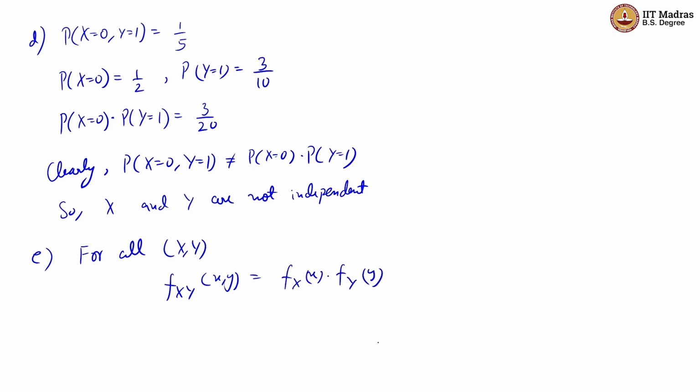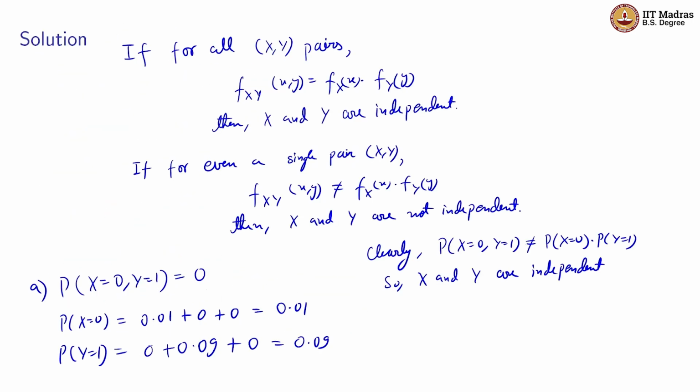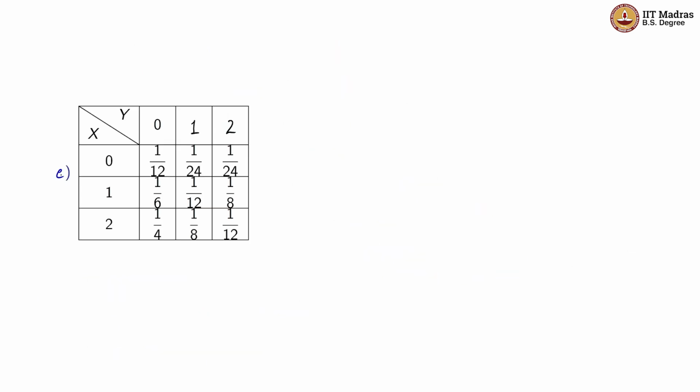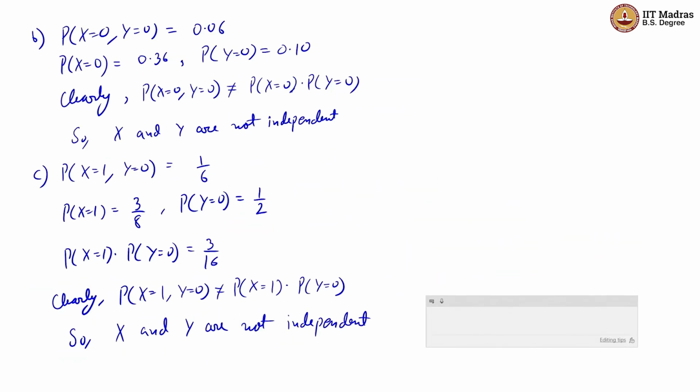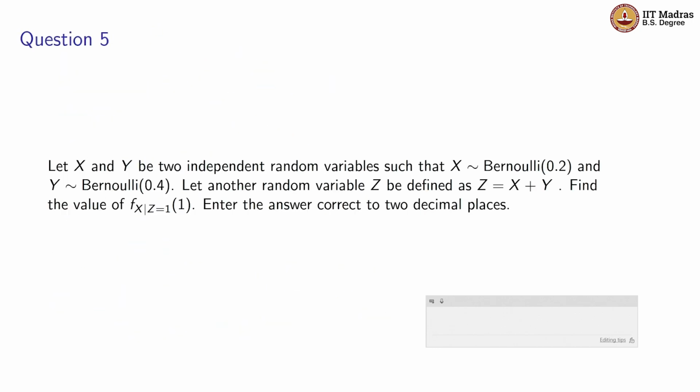This you can check yourself. So here x and y are independent. And option E is correct. Now coming on question number 5.